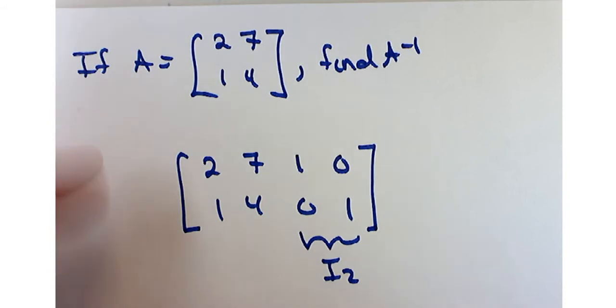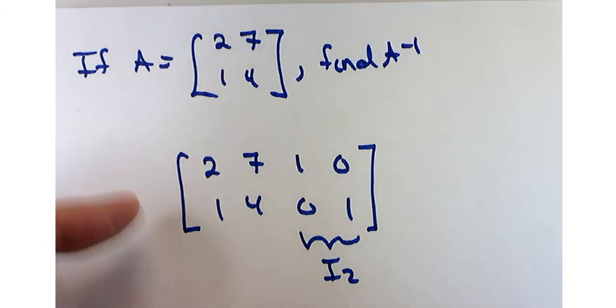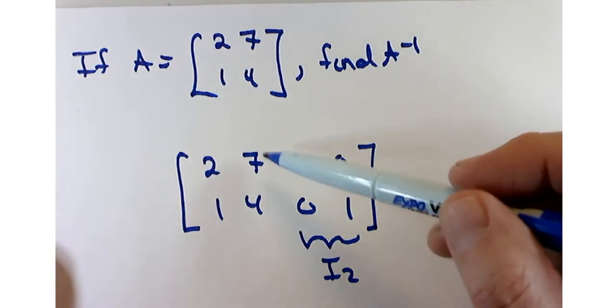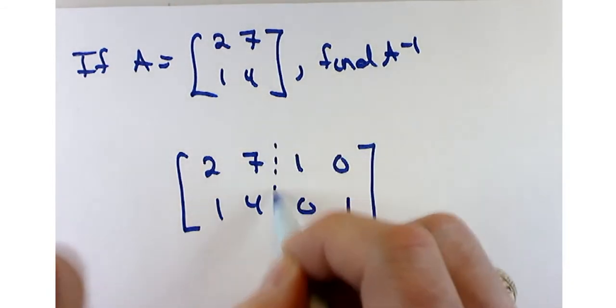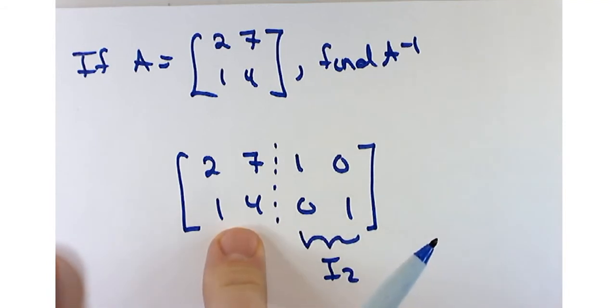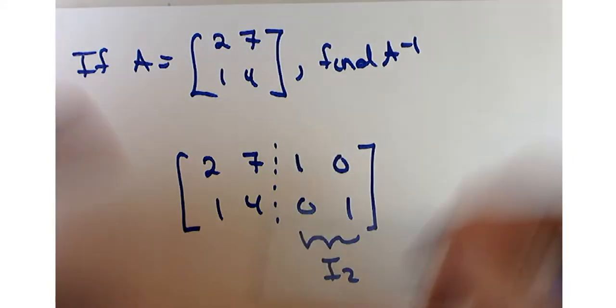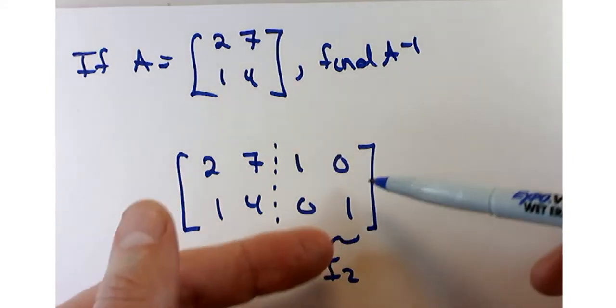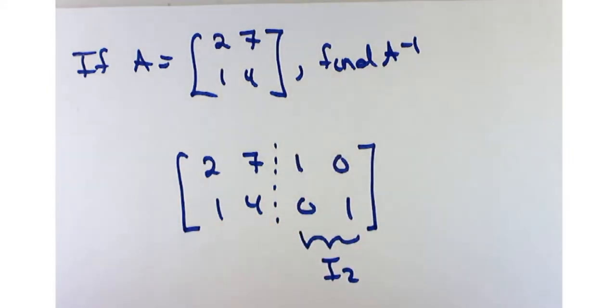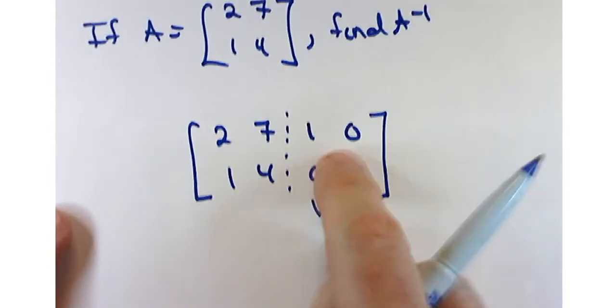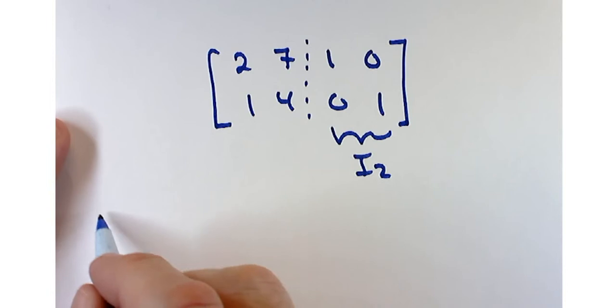Now I've already programmed that into my graphing calculator so that I can go through it that way. But here's what you're going to do. We're just going to worry about the left-hand side of this matrix, and we're going to try and manipulate the left-hand side until it looks like the identity matrix. So I'll show you this by hand first.